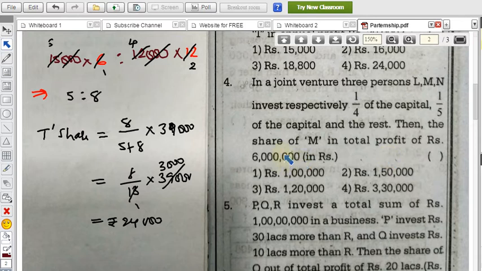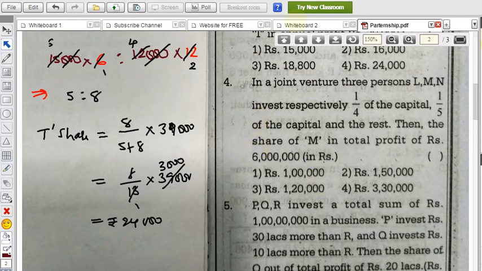So 60 lakhs. Then whose share do you have to find out? In the total profit, what was the share of M? So we need to find M's share out of the total profit of 60 lakhs. Then we have to take the ratios first.